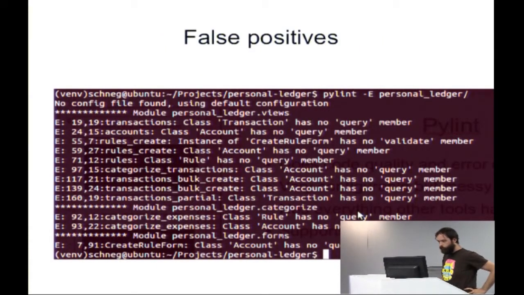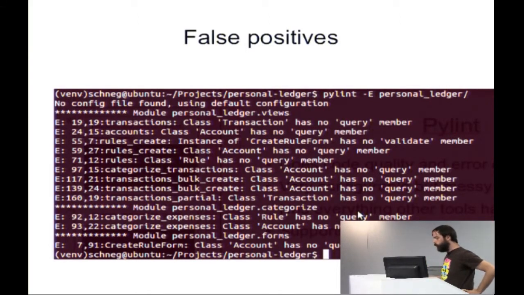So one of the problems here is you have some amount of false positives. This is a Flask application that I'm developing on my laptop, and this transaction, account, and rule are all models, Flask models, and it uses SQL alchemy, and there's a lot of magic going on under the hood, so Pylint is not quite aware of that.